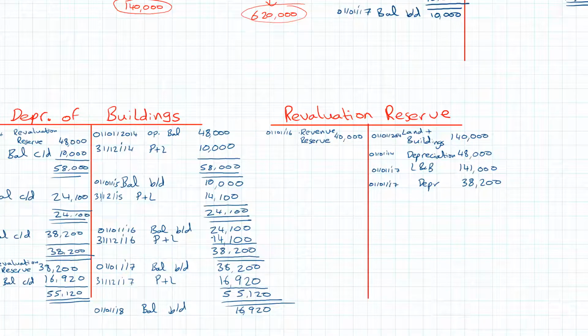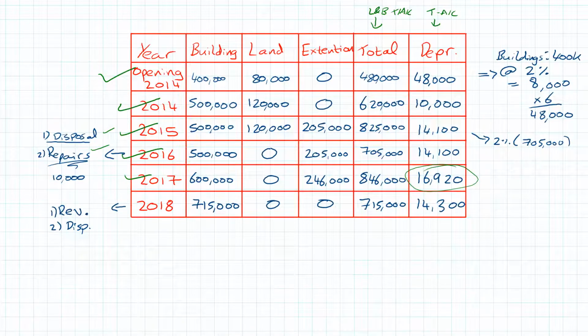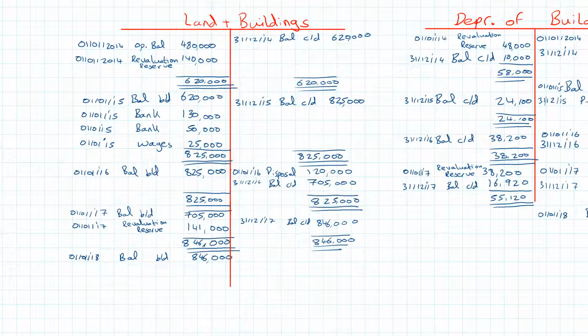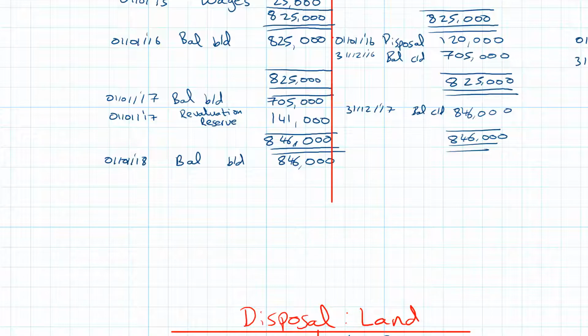So land and buildings. What are we disposing of? We're disposing of our 246,000. So on this side, 246,000, going again to our disposal because we're getting rid of it, on the first of the first, 18.